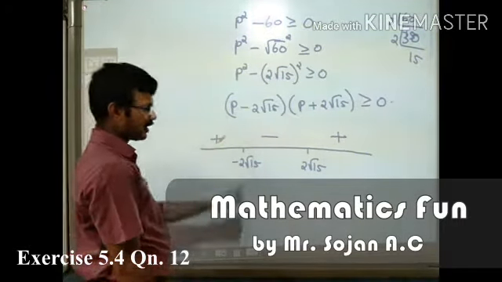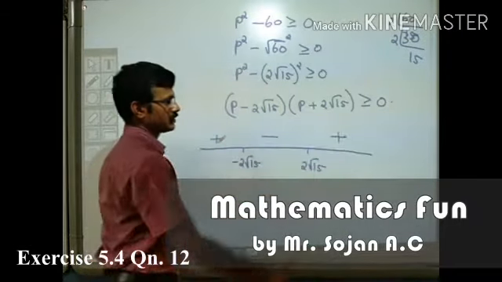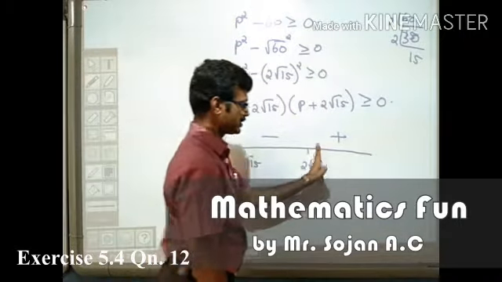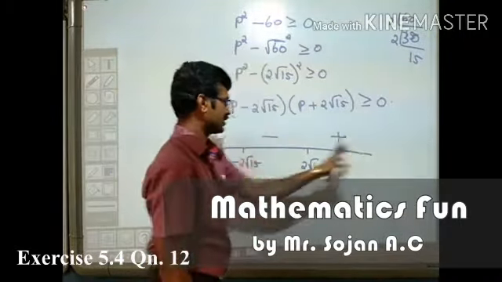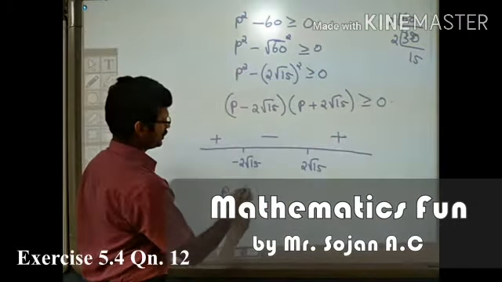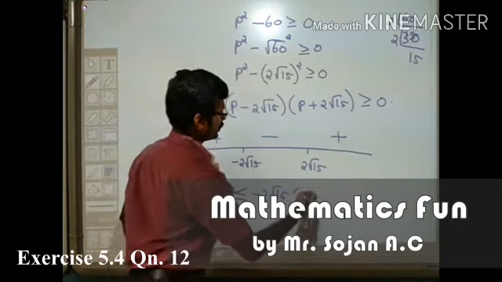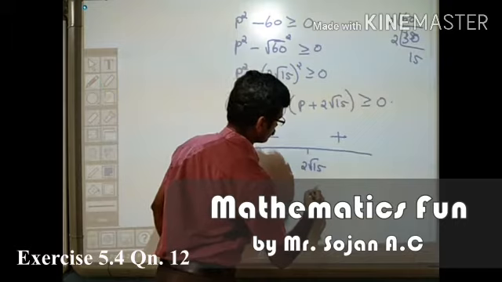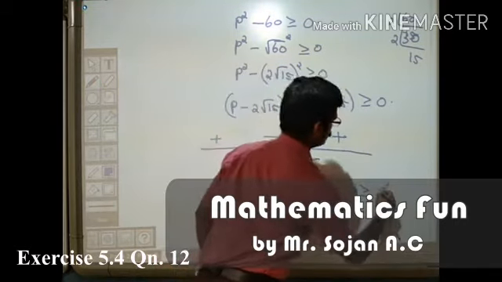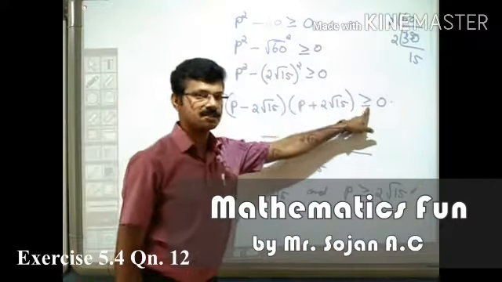And from this, after putting the signs, we have to see here greater than or equal to 0. Greater than or equal to 0 means positive region. We can see positive region on this side as well as this side. So that means when p is less than or equal to minus 2 root 15 and p greater than or equal to 2 root 15, this condition will be satisfied.